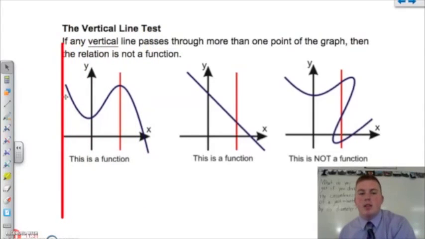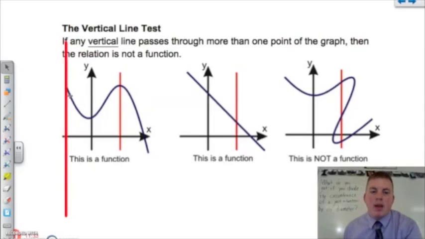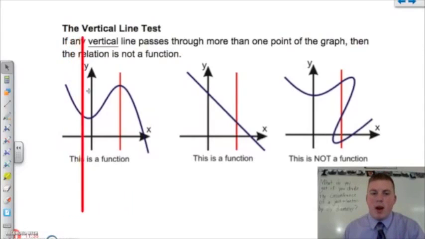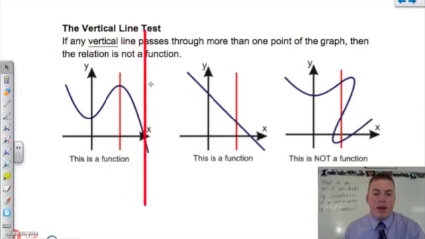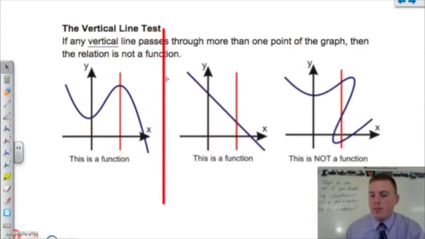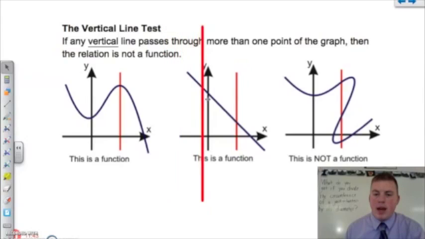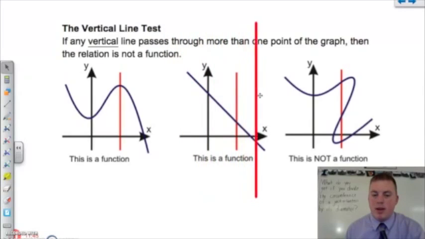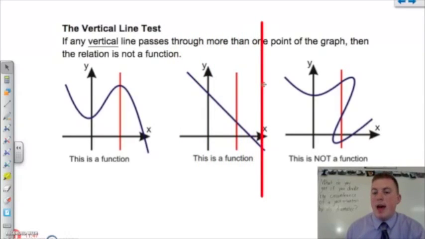So if I'm looking at this first example, this is a function because no matter where I move this line across the graph, it's only going to touch one point. Now if I look at the second one, it's going to do the same thing. I can move it all the way across here and I'm only ever touching at one point.